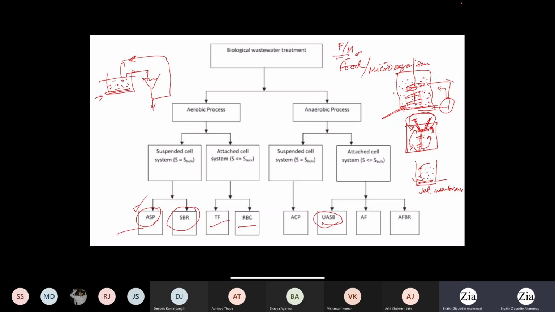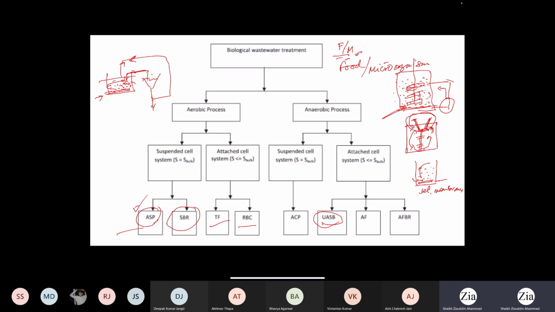Now, the organisms that you grow in the reactor are still active, and you separate the active organisms and put them back into the reactor. The solid particles generated in the reactor system are known as sludge.